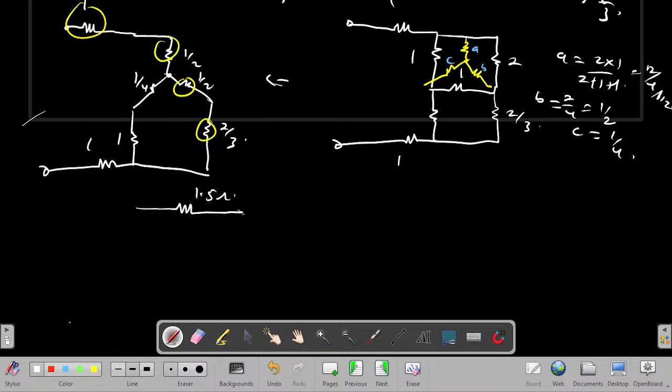This node, I'll break it down here. Then for this side, check another series connection here: 1 over 4 and 1. So this becomes 1.25 here. Or we say 3 over 4? No, 3 over 4 is not 1.25. So that's going to be 5 over 4. So let's make it 1.25.